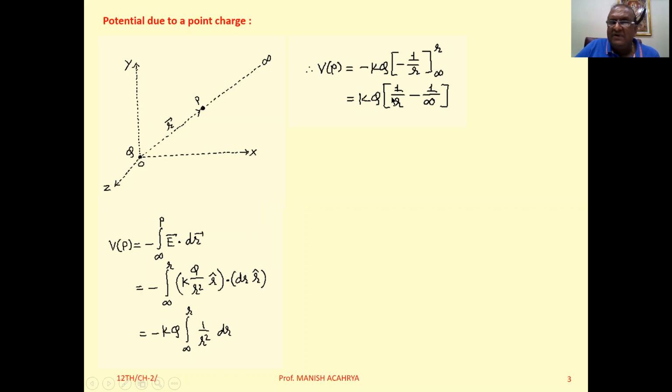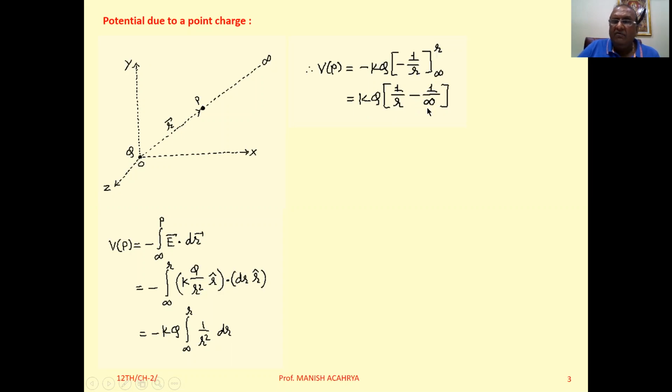Minus minus is plus, so V at P equals kq into, first the upper limit r, so 1 upon r, then minus the lower limit infinity, so 1 upon infinity.